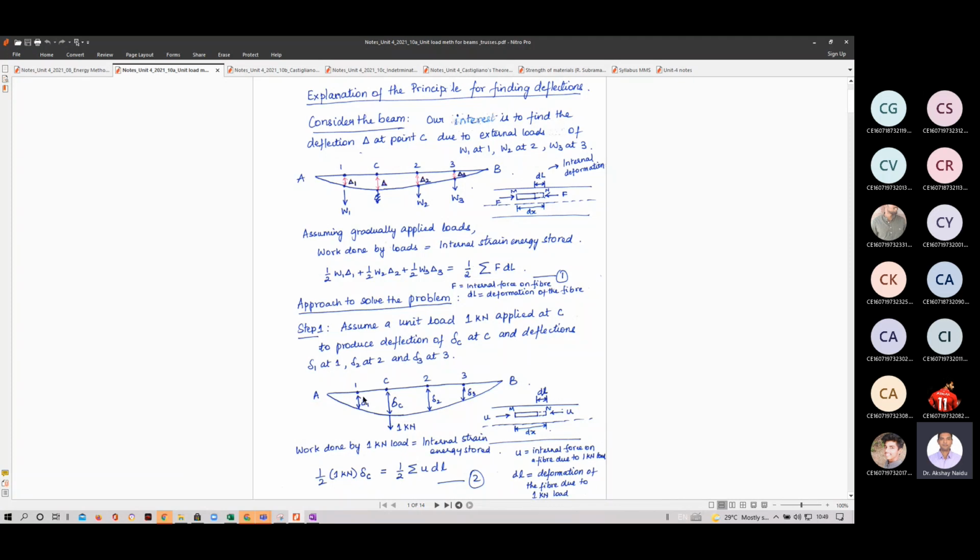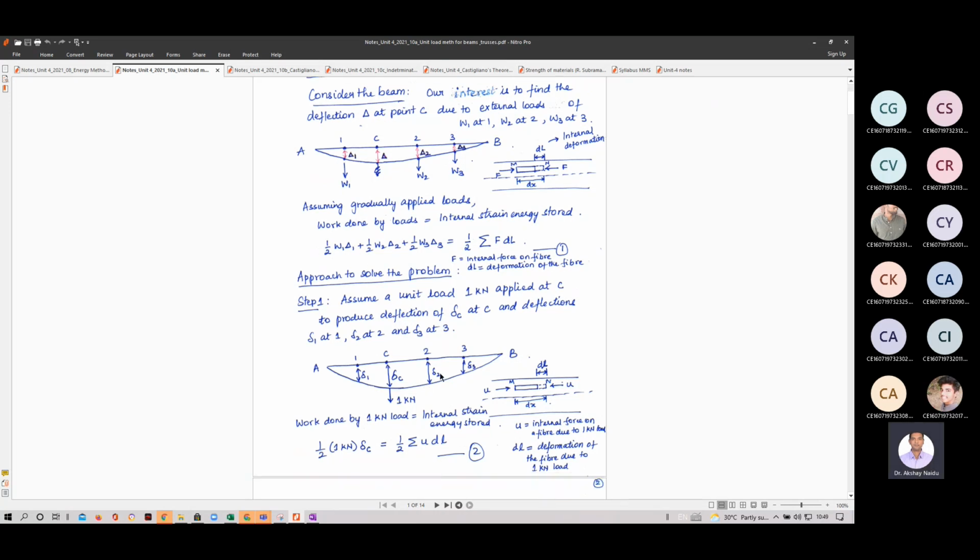Here it's a small letter delta in Greek alphabets: delta 1, delta 2, delta 3 and delta C. Now this is due to unit load.